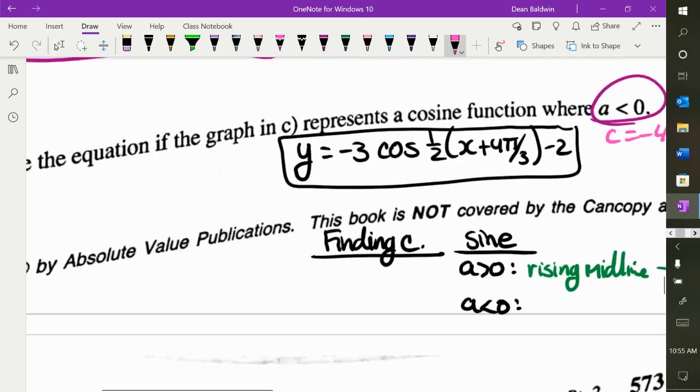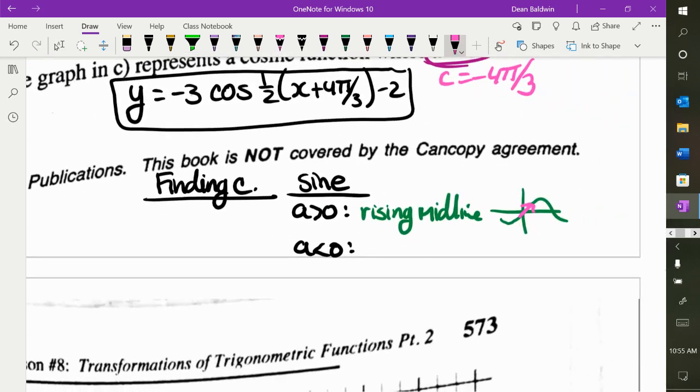If A is less than 0, it's a falling midline. It's the part of the graph that's going down.